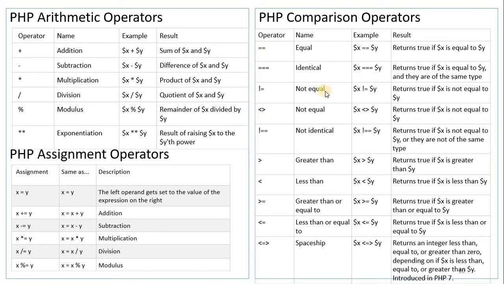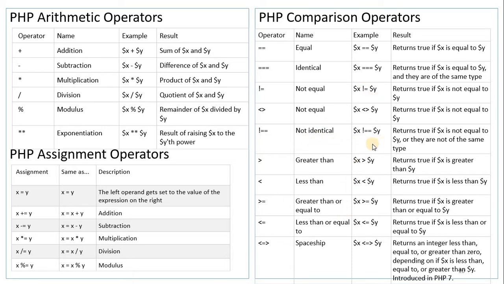The next one is not equal to. We can write not equal to in two ways: exclamation mark equal to, or opening angle bracket and closing angle bracket. These are two similar operators, but the representation is different. It returns true if the value of $x is not equal to $y.